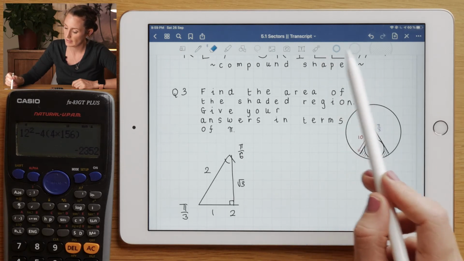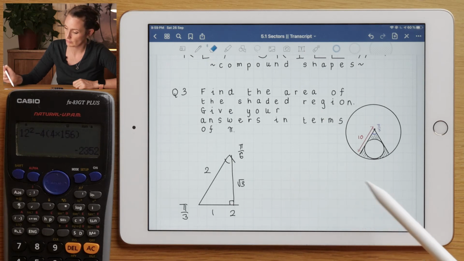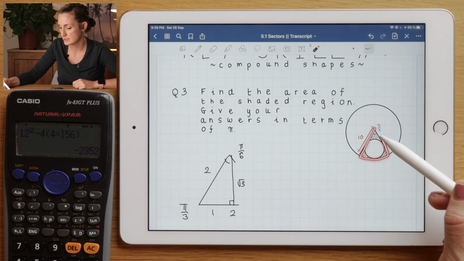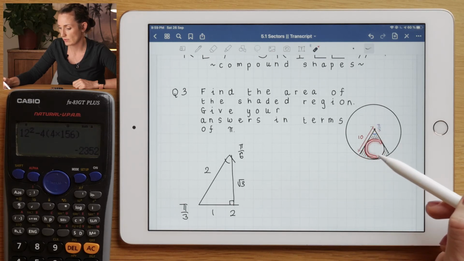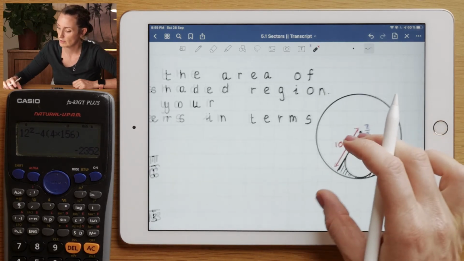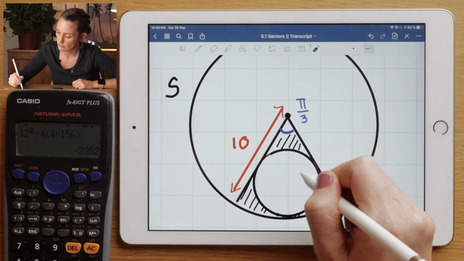We've been asked to find the area of the shaded region. So we can see the area of the shaded region is going to be the area of the sector subtracted with the area of the circle. But to calculate the area of the circle, we need the radius. So what it's important to notice is, again, that this is a tangent to the circle.